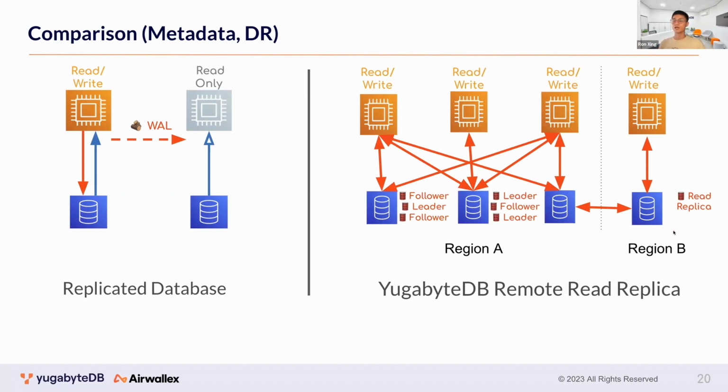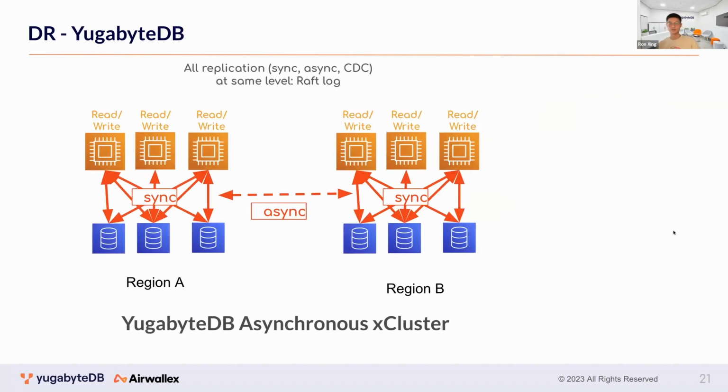If you want to achieve DR in Yugabyte, there's another architecture you can adopt, what we call xCluster replication. There are two regions, and in each region you set up a Yugabyte cluster. Then you use asynchronous xCluster replication to replicate the logs and the data. All right.